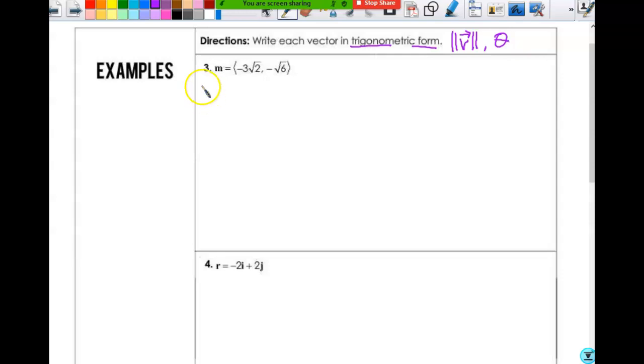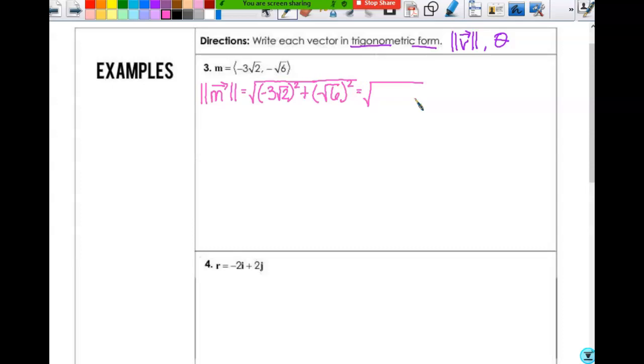So for M, the magnitude of M is going to be equal to the square root of negative 3 square root of 2 squared plus negative square root of 6 squared. All right, so negative 3 square root of 2 squared.